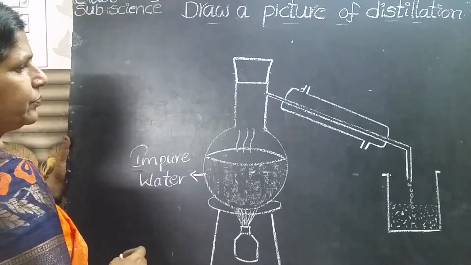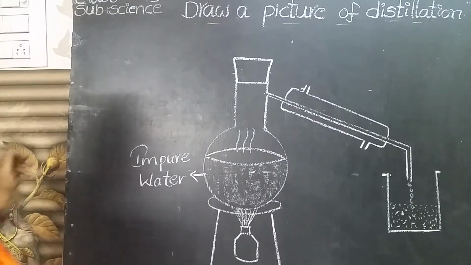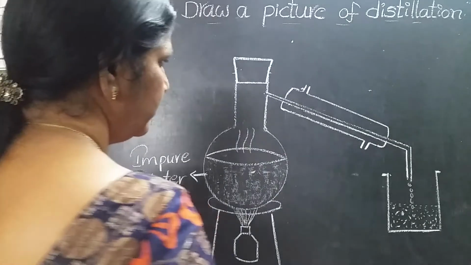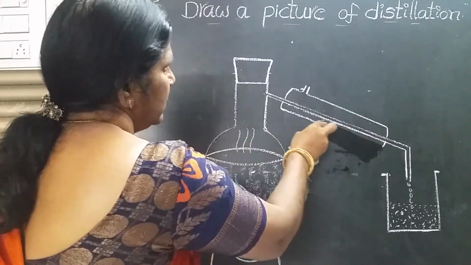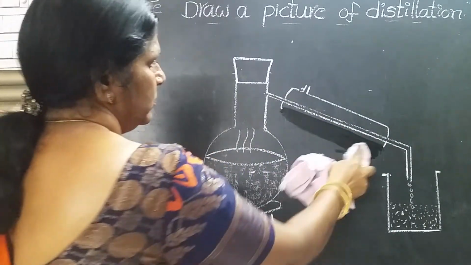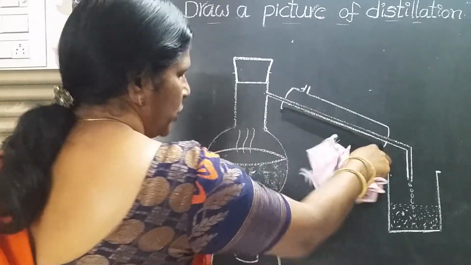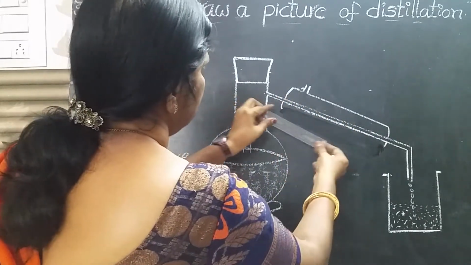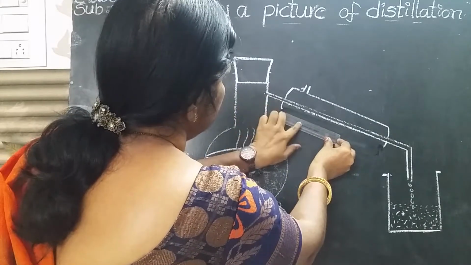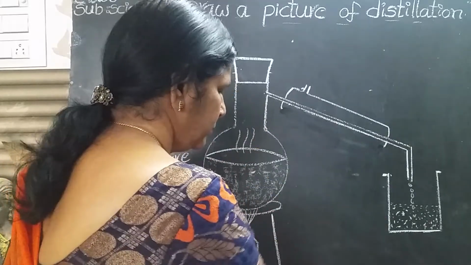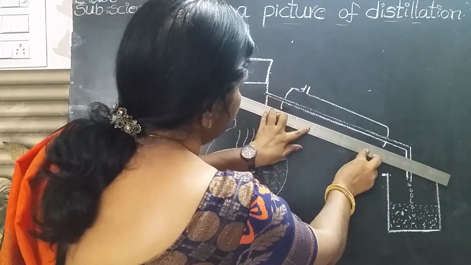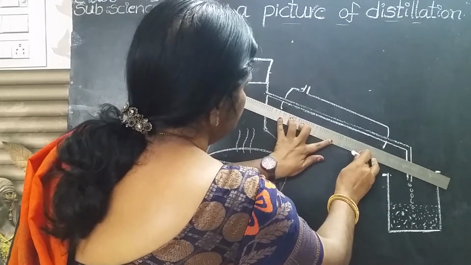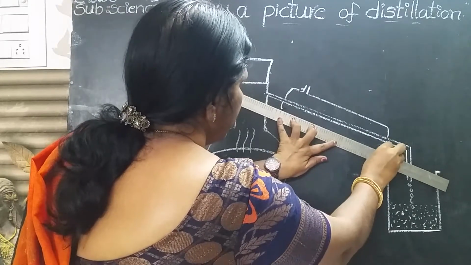Okay, here you have to draw one line. A little bit down, children. Draw the slanting line properly.